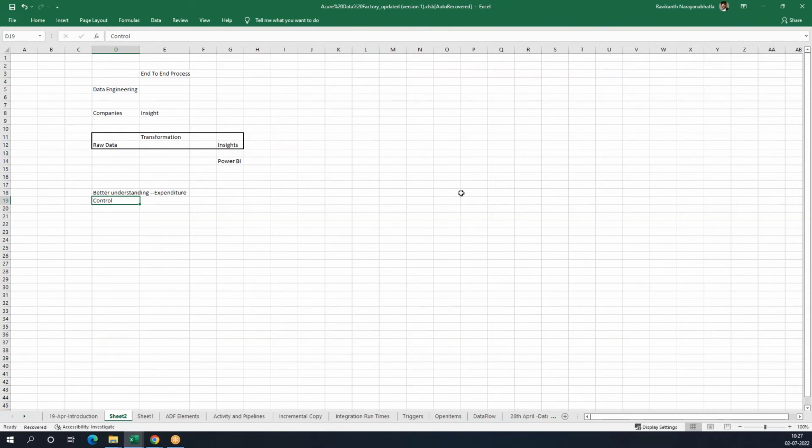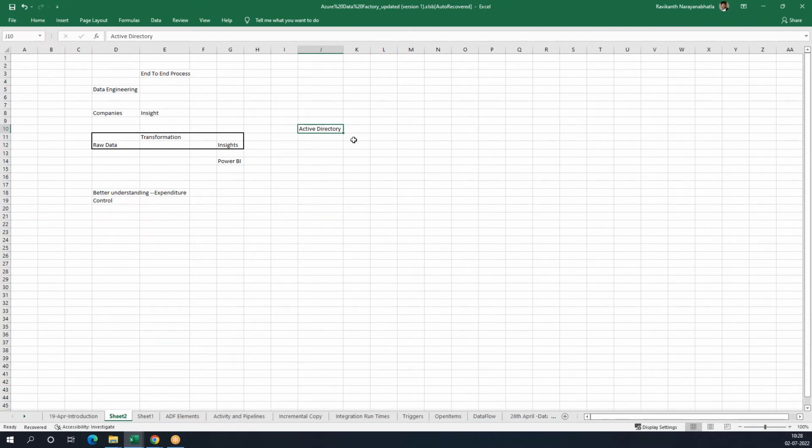The network around these resources actually connects to the intranet also. That means your company's network. Suppose every company will have something called Active Directory. This is a kind of bus that actually connects everyone.